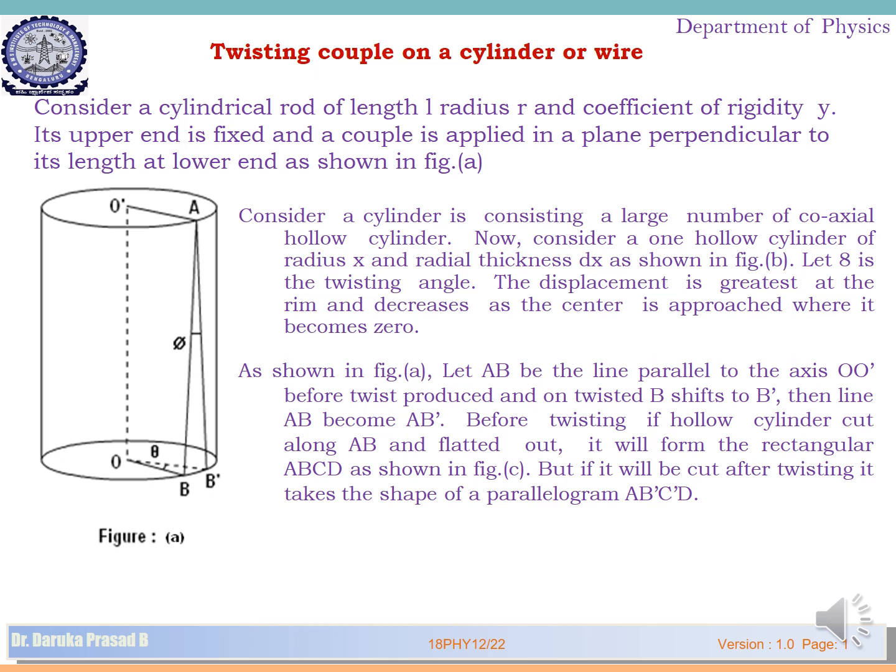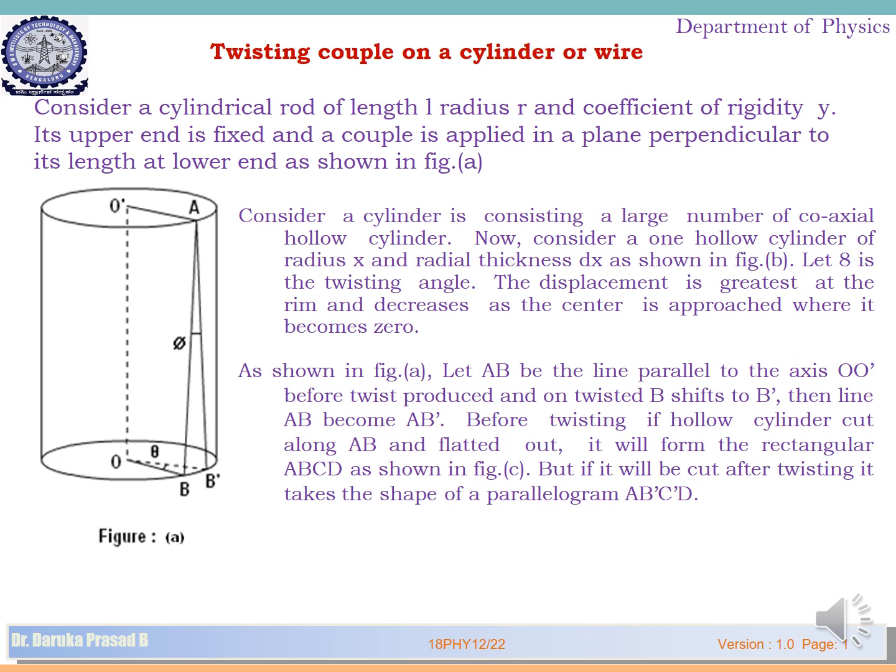So when you apply a couple in the plane perpendicular to the length, there will be a twist. You can consider many cross-sectional areas as circular plates arranged one above the other, in which the last one, if you take O dash A, is not going to change because it is the fixed end, whereas OB, before applying the twist or the force, changes to OB dash with an angle theta after applying the load.